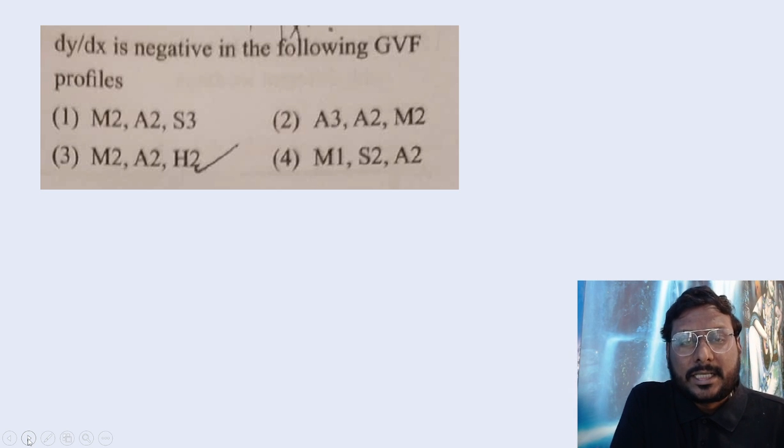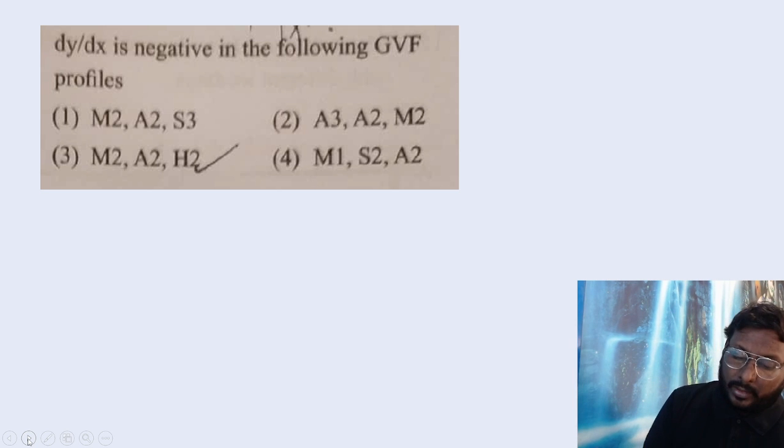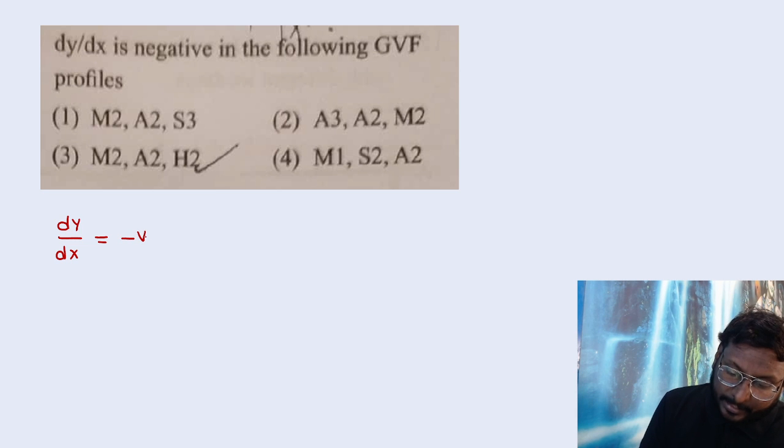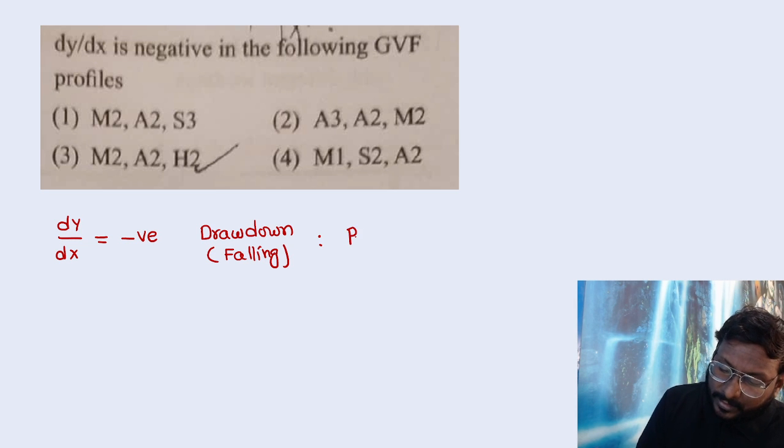Dy by dx is negative in the following GVF profiles. Dy by dx is negative. Negative profile is a drawdown profile, falling profile. That drawdown or falling profile is for profile 2.